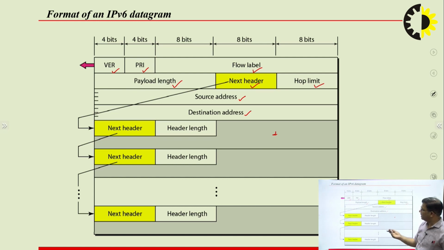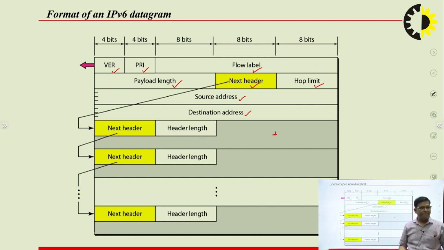In IPv6 there are only version, priority, flow label, payload length, next header, hop limit, source address and destination address. If there are multiple fragments, then the next header redirects to the next: next header and header length, next header, header length.